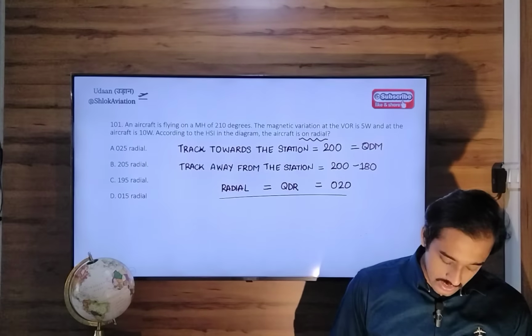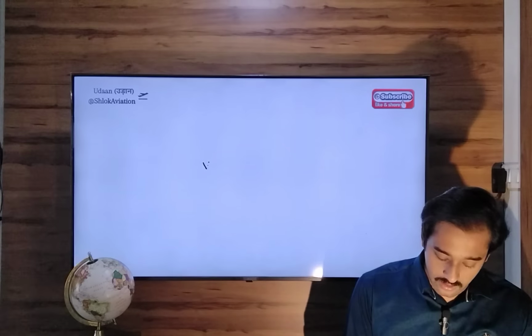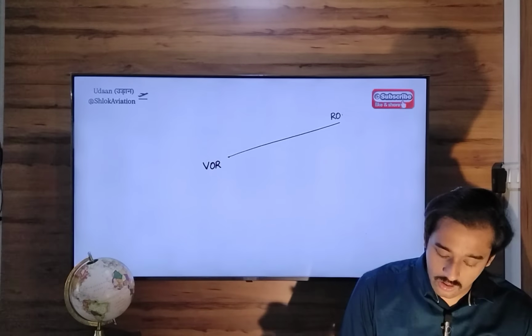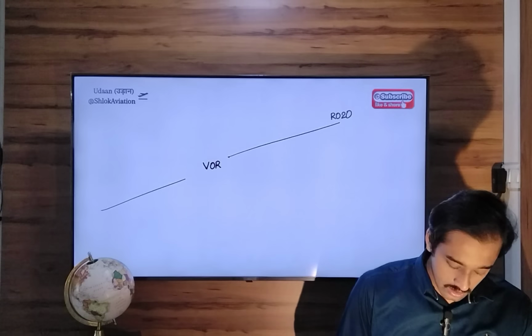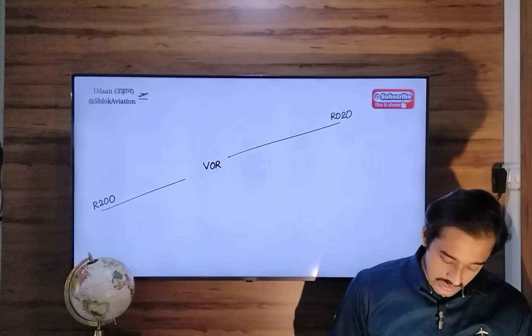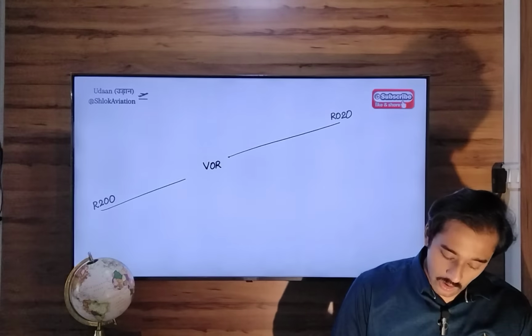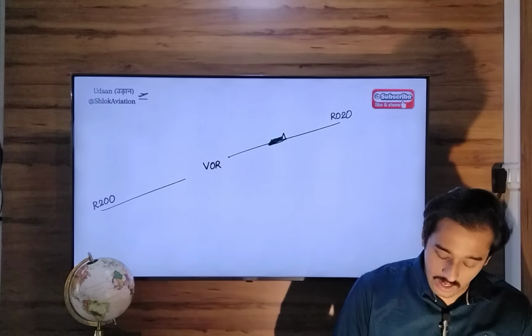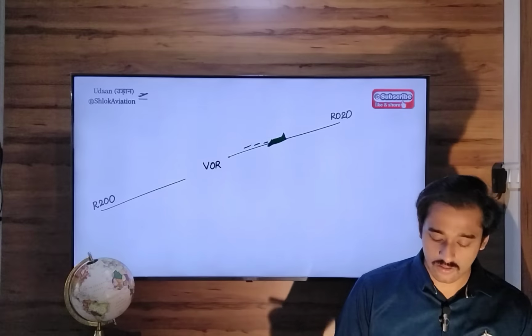Diagram wise, if this is your VOR station, this will be your radial 020. Aircraft is flying inbound on radial 020. Okay.